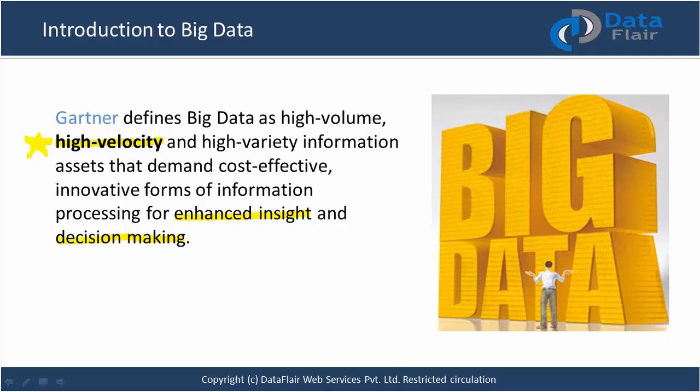So guys, apart from velocity, all other V's are very well handled by old big data solutions. Volume, all the big data solutions are providing good storage capacity. Variety, can handle any type of information in that, but velocity is the most challenging dimension of big data.